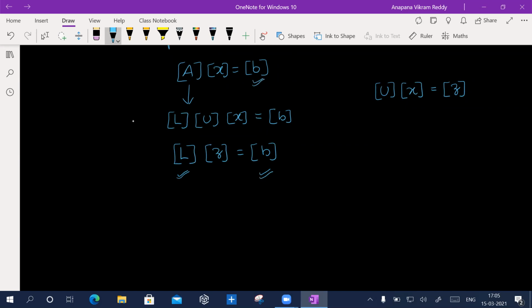Now we have to compute Z from this equality.